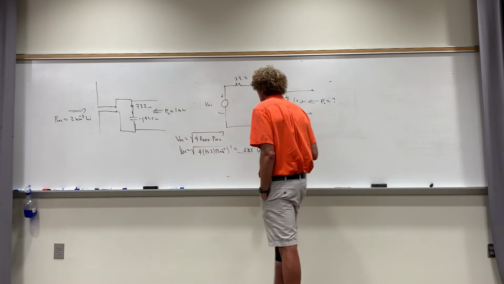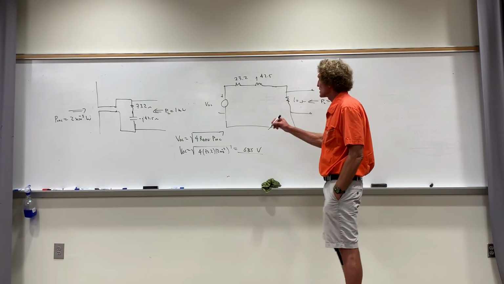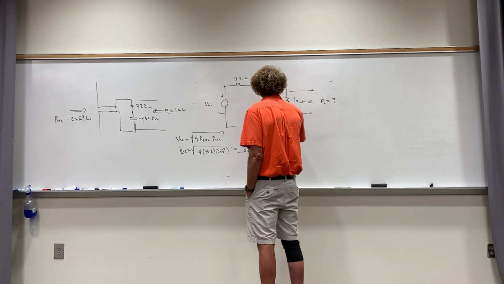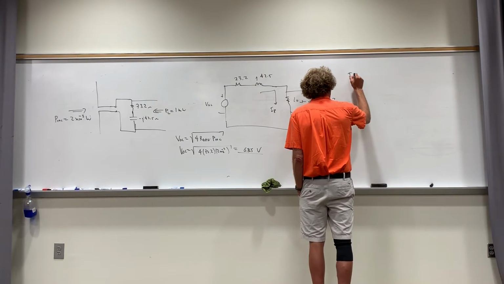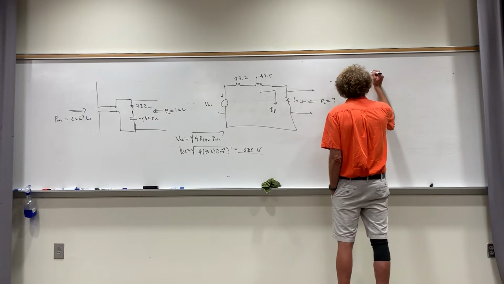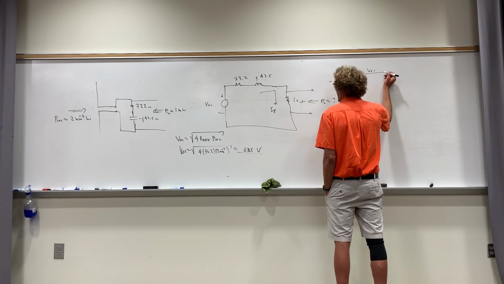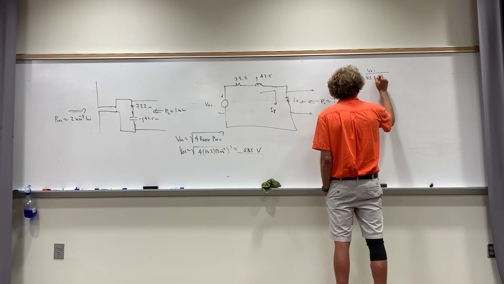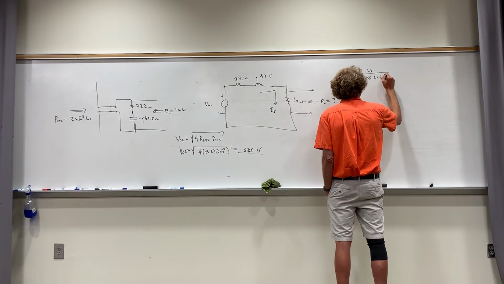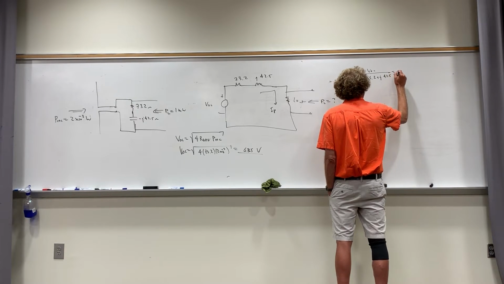After that, we can just calculate the current. This would be I_P, and we could say that I_P would be equal to V open circuit divided by 73.2 plus 10, or 83.2 plus j42.5.